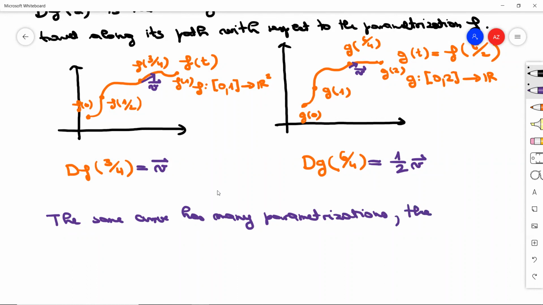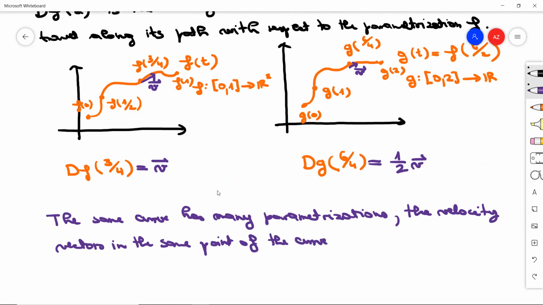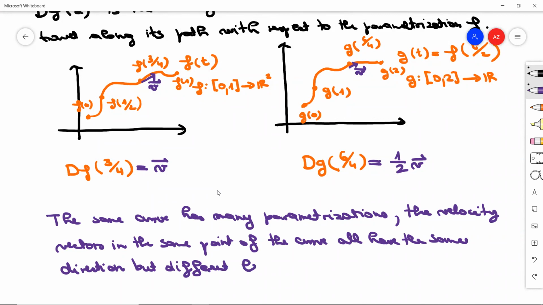The velocity vectors at the same point of the curve all have the same direction, but different length.